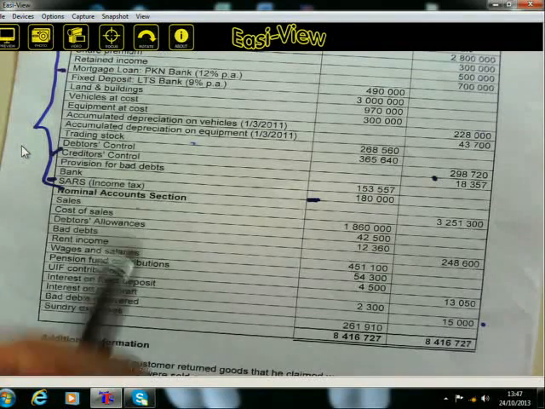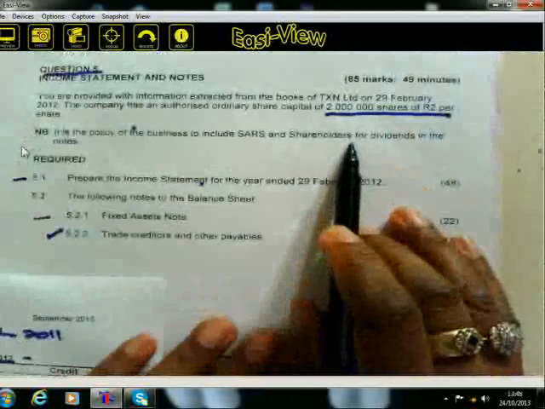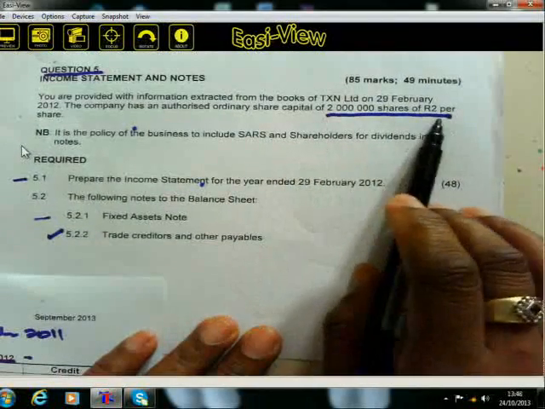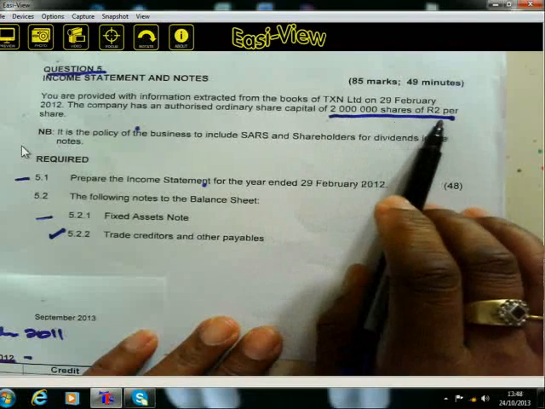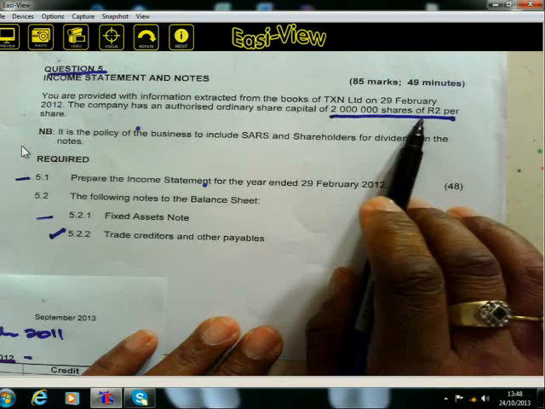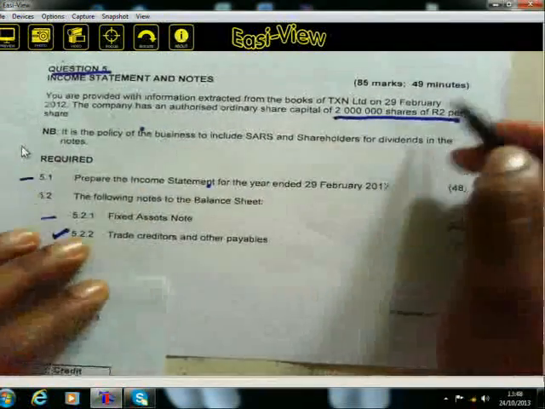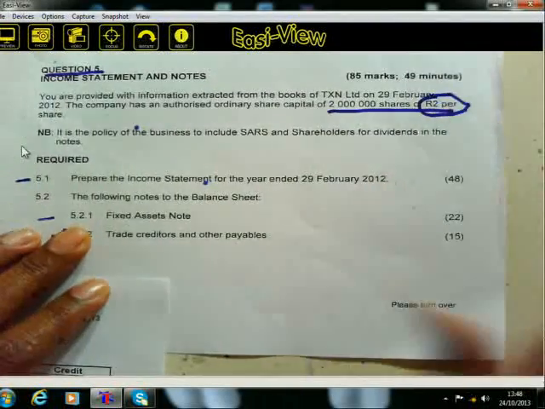We'll only know that if we take into consideration the very first portion of the information. You remember when I started with the activities, I said it is very important for you to know how many shares and the par value for the shares. So it was 2 million shares at 2 rand per share. Okay, fine, we know that it's at 2 rand per share.